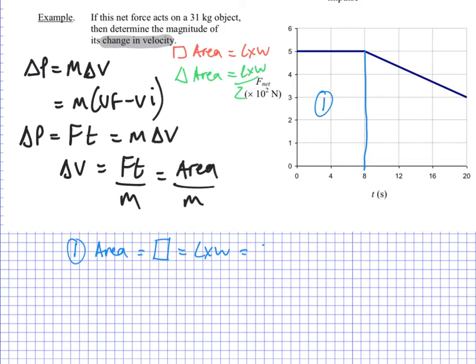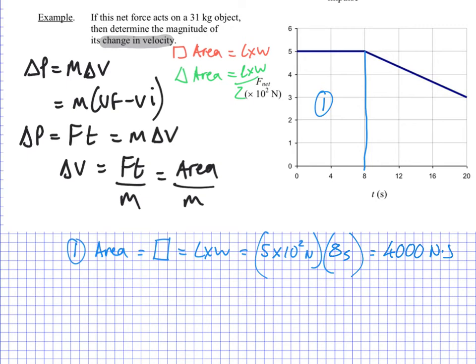It's going to be 5 times 10 to the 2 newtons, multiplied by the width, which is my time, and that's going to go from 0 to 8, so that's pretty straightforward. That's going to be 8 seconds. Okay, and I don't have to divide by 2. I'm going to get my value here, and I can put that in right away. That's going to be 4,000 Newton seconds. That's my impulse.